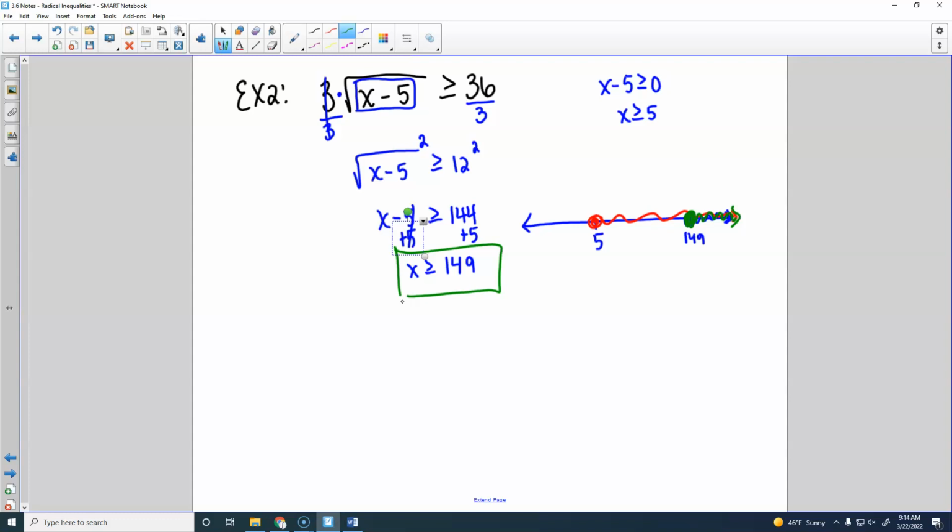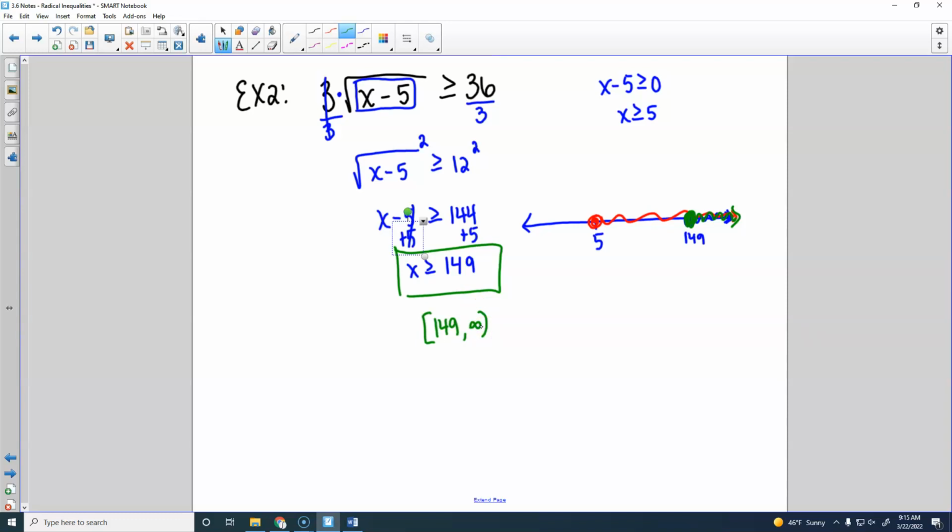Okay. Questions? How do you read it? Right. For this one, you would just write x is greater than or equal to 149, or you could write it this way, bracket 149, comma, infinity. So either one of those, whichever you prefer.